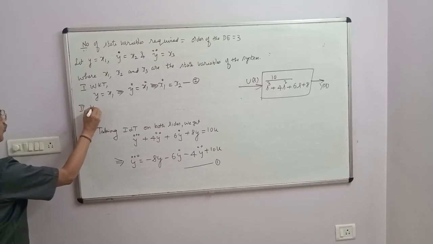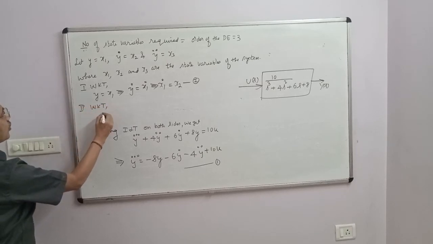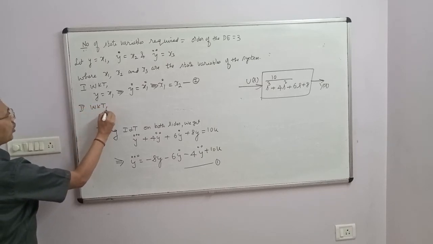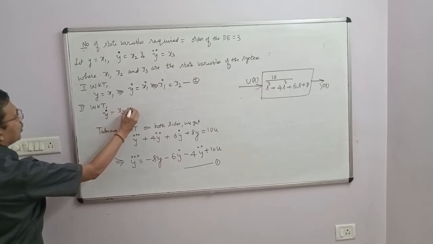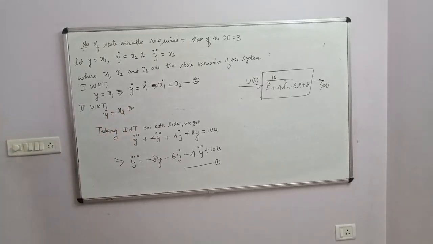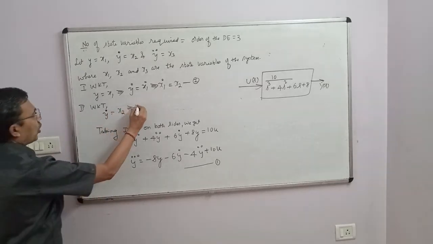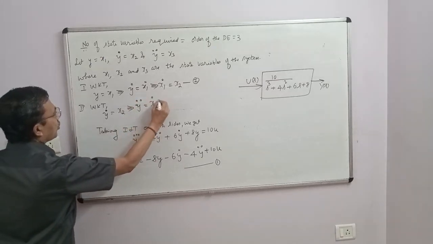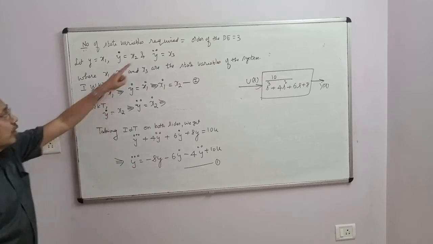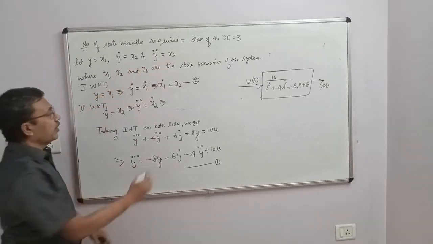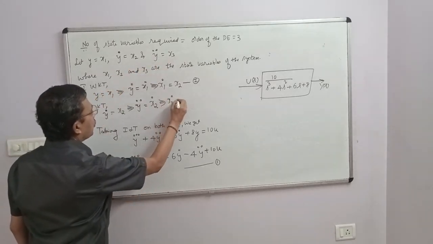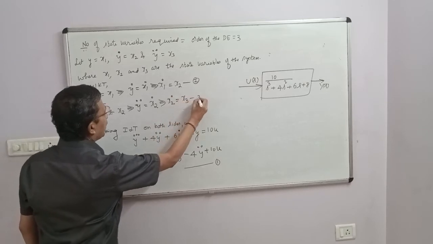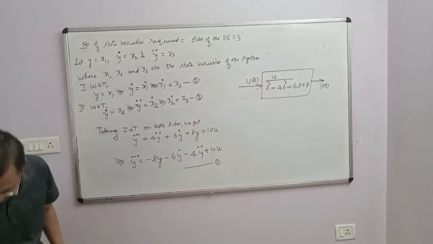Second step. We know that y dot is equal to x2. Differentiate both sides with respect to t. So you get y double dot is equal to x2 dot. What is y double dot? Y double dot is x3. This implies x2 dot is equal to x3. Equation 3.